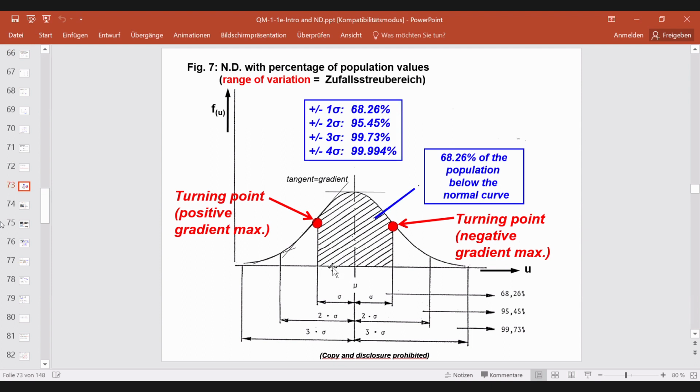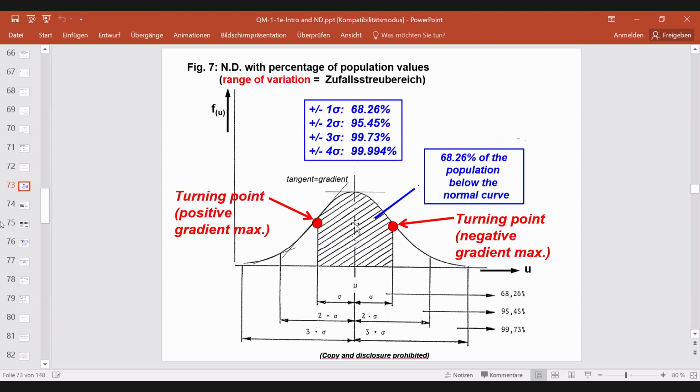What does this mean? Here you have an example. This is a bell curve, and here you have the mean in the middle. Mu is the mean of the population. And here you have 0. This is 0 of the diagram here.